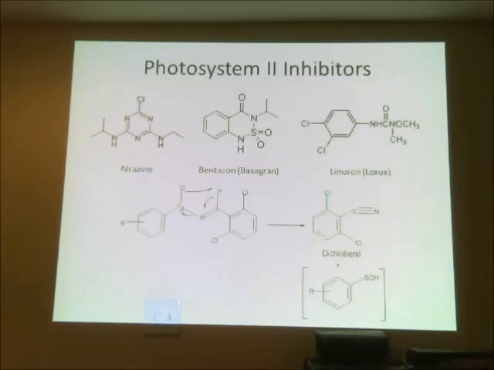So we looked at twisting the molecule around this bond, and we found that the most stable conformation was the one where this was planar. But as we made other analogs of this, any time the molecule was twisted out of its planar conformation, it lost its biological activity.